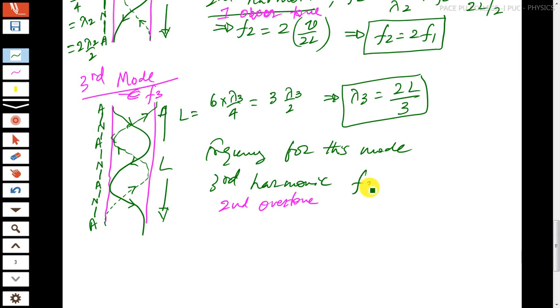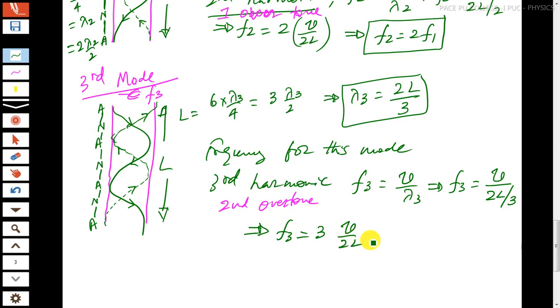What do we write? We write F3 equal to V divided by lambda 3. What we have for lambda 3 gives F3 equal to V divided by 2L by 3. When you rewrite this, we get F3 equal to 3 times V divided by 2L. Put a bracket.